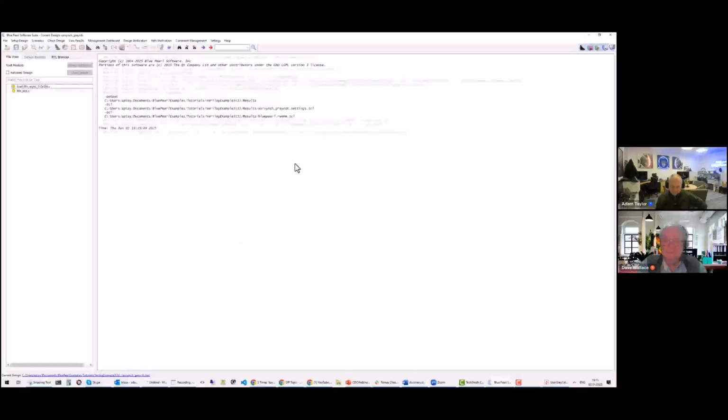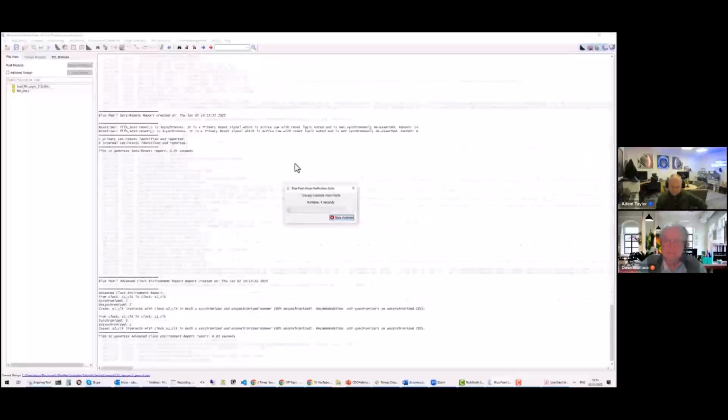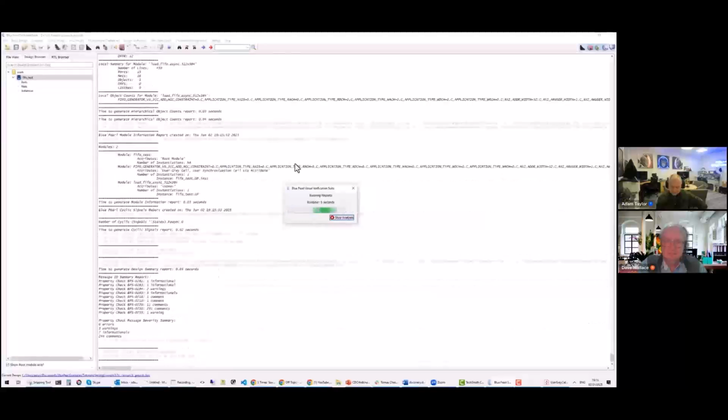As this CDC analysis is run, you'll see it's loading in. It does the analysis on the design, and it's actually pretty quick to run through. What we'll see once it's completed is our clock domain crossing viewer becomes available, so we can click on that and it will open this new view.